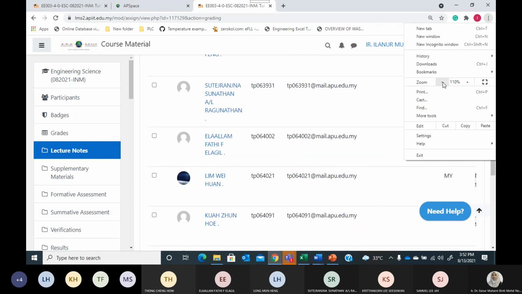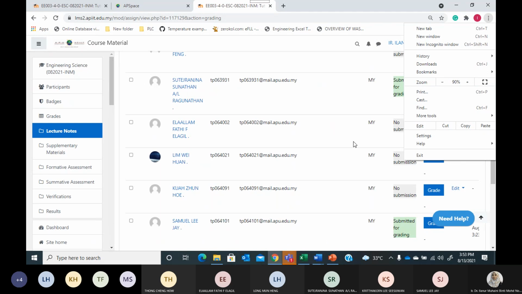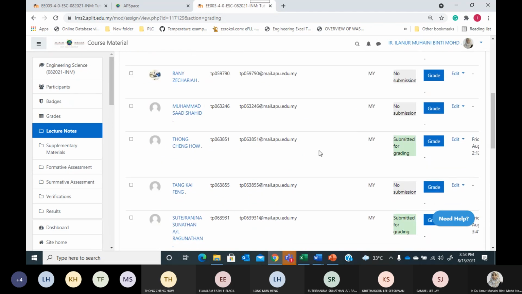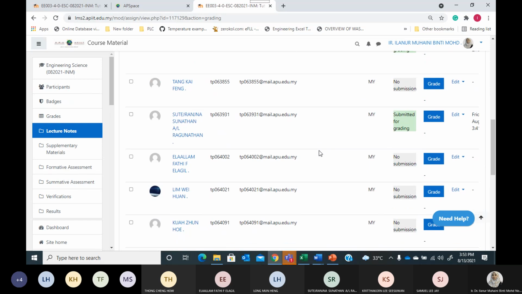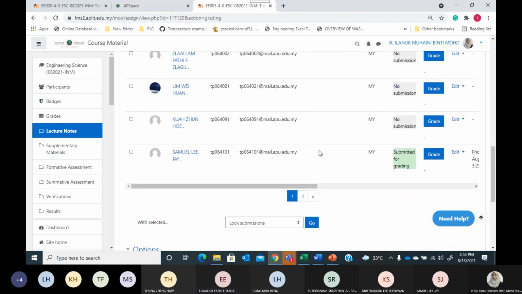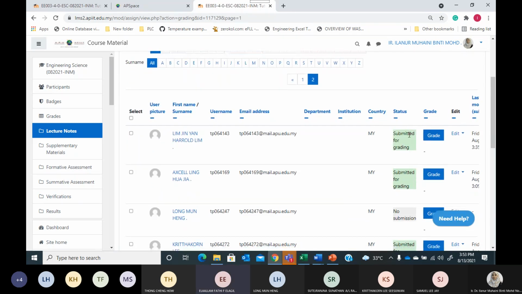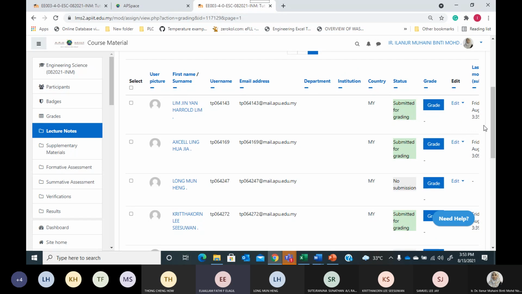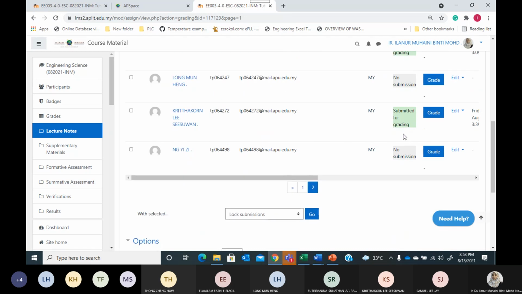Oh, this is big view. So from here, I can see Tong submit, Sultan, Ranja, Samuel, next page. Miss, when is the deadline for submission? Tonight, 11:59. Okay. Lim Jin Yan, Excel link, Kritakon.